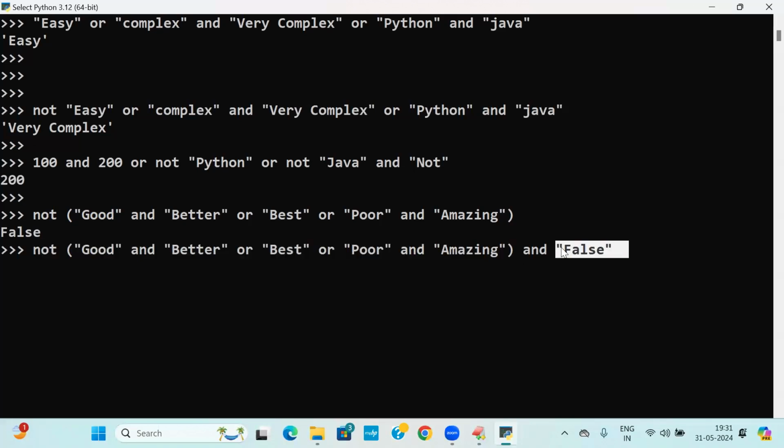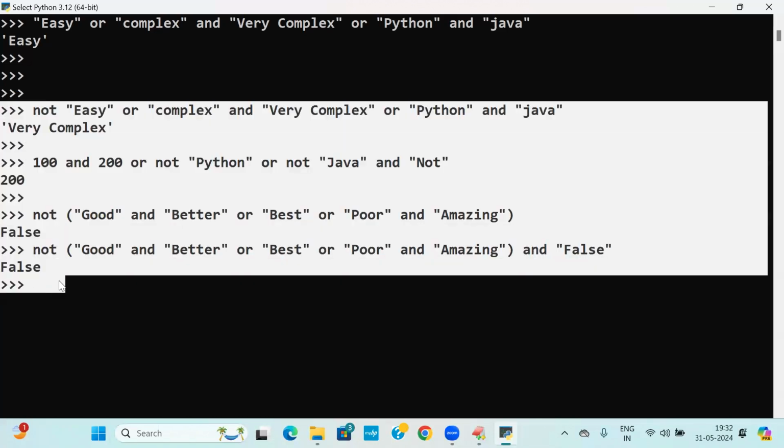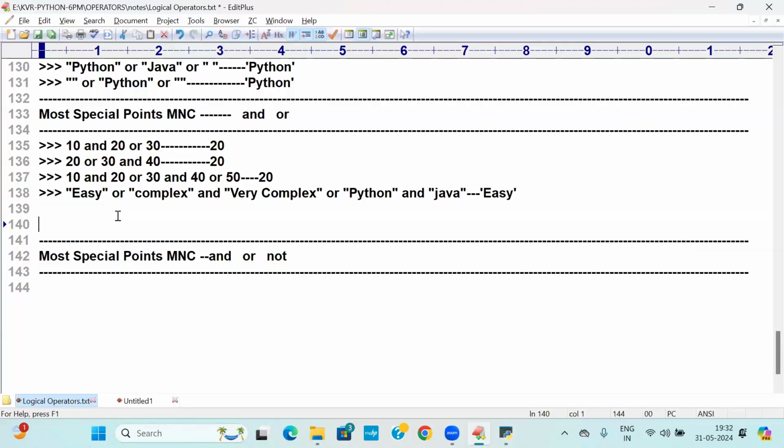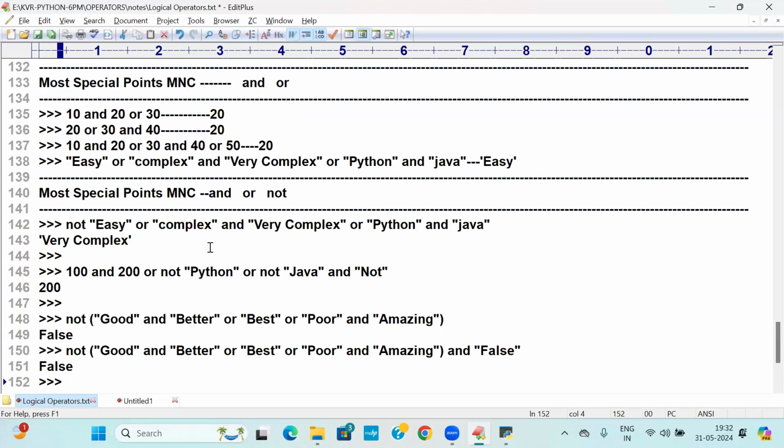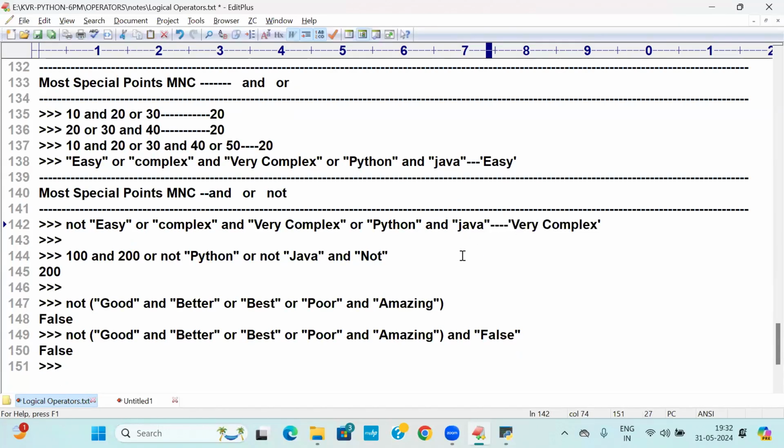False, true. This is a string with non-zero length. What is an answer? Right. Like that. So are you clear about that? See, I applied everything on that and you have done it. I think you got clarity in my explanation today. So here, this is not also applied and this also applied.